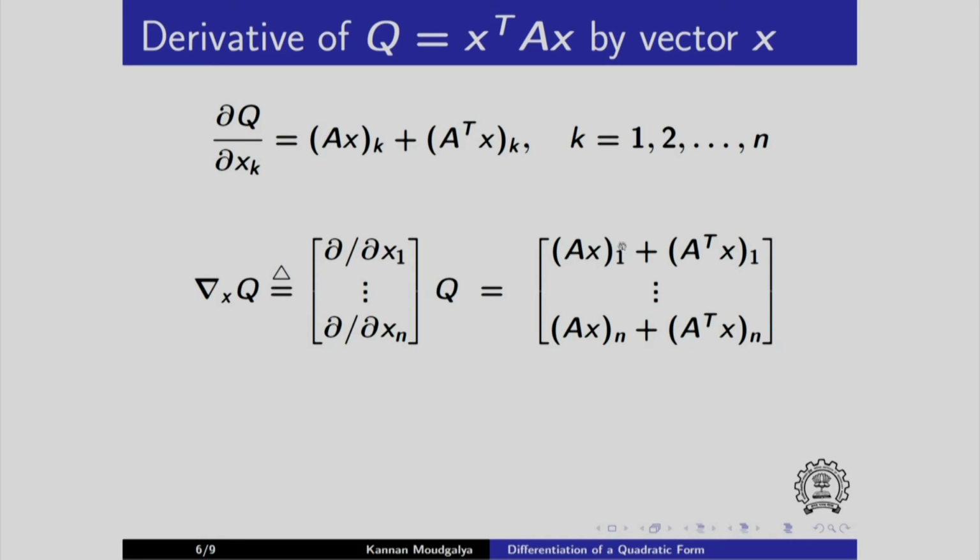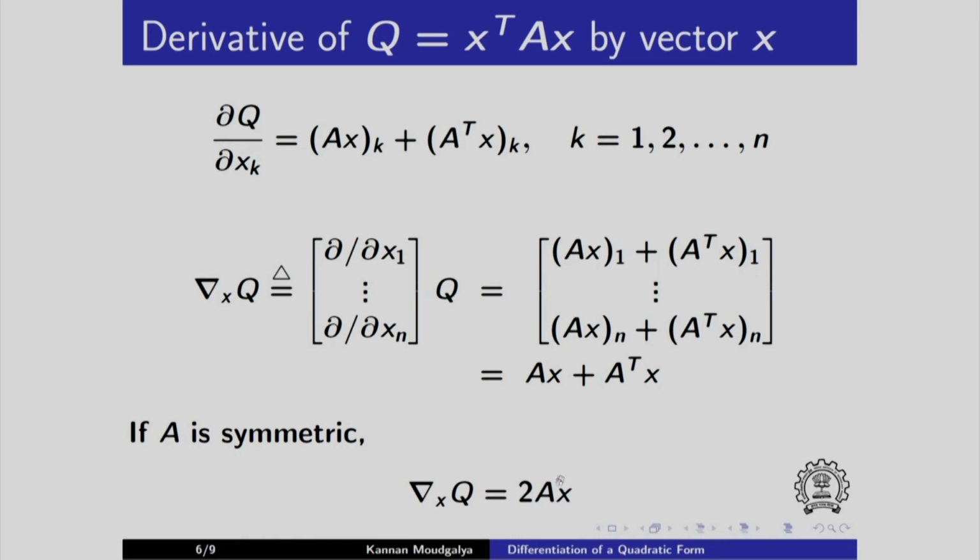Now notice that elements here form the vector Ax, whereas this forms the vector A transpose x. So I get this expression. If A is symmetric, then A will be equal to A transpose.